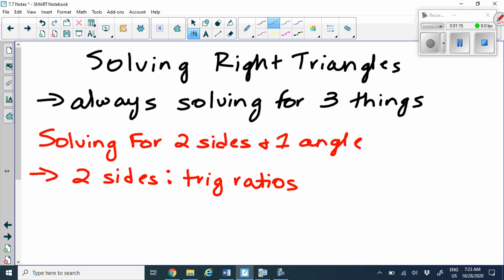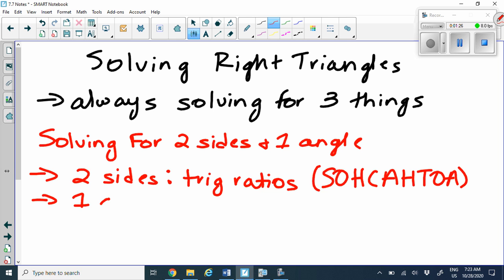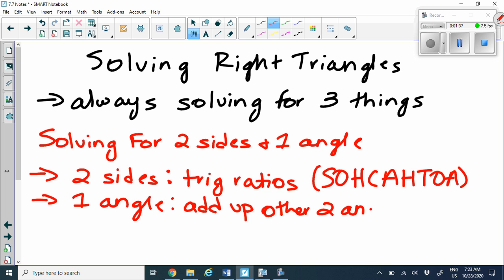So remember, that is our SOHCAHTOA. And then when we are solving for just the one angle, what we need to do is add up the other two angles and then we're going to subtract from 180.